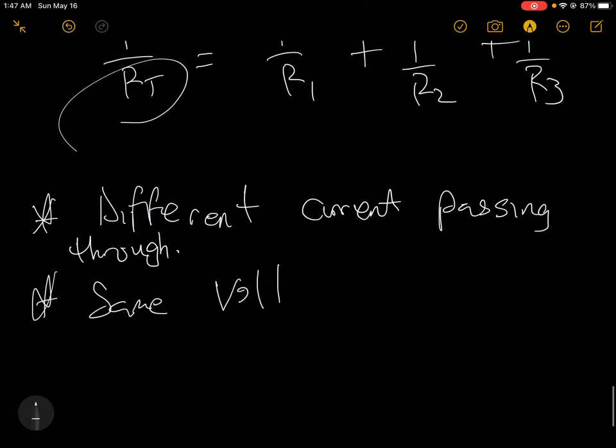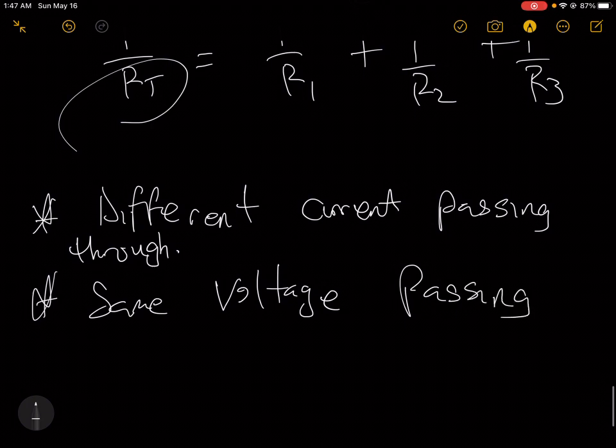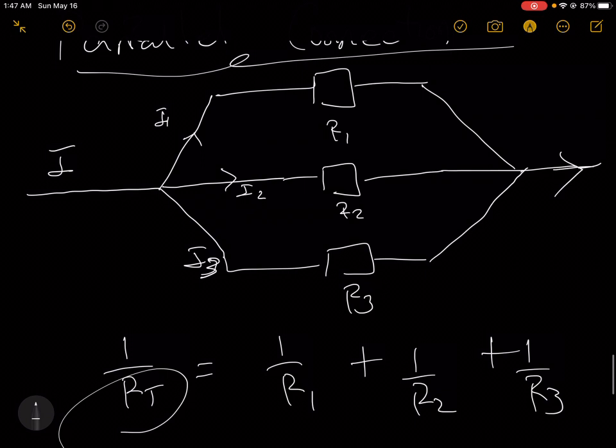So it's more like the opposite. If you look at these, you can see different currents passing through R1, R2, and R3, but they all have the same voltage.